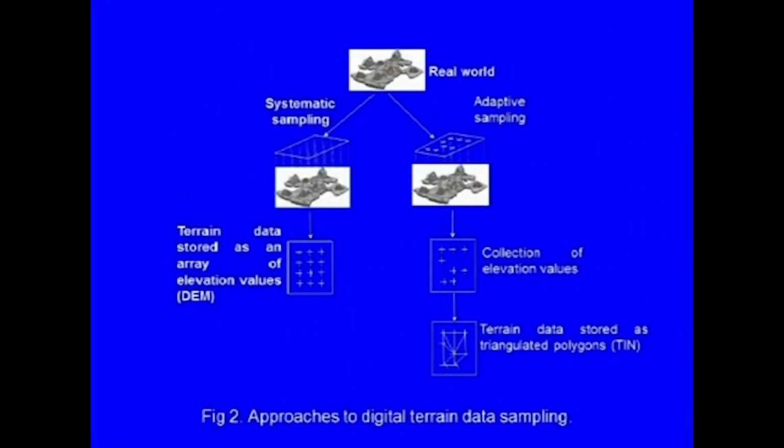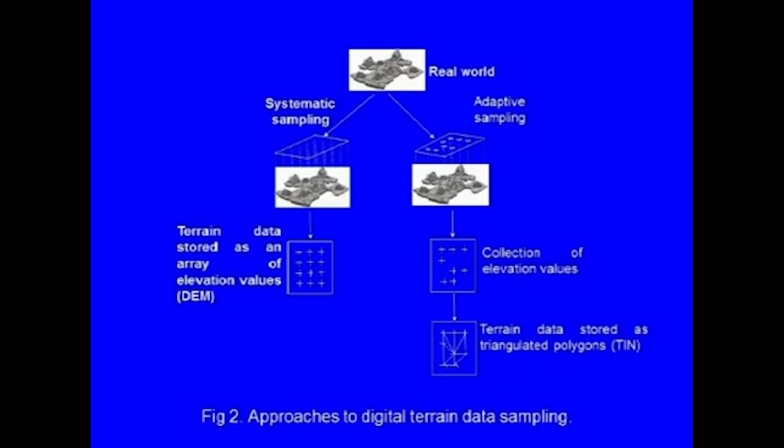Well, this particular slide shows the two schemes of data sampling. The real world can be subjected to systematic sampling, wherein the terrain data is stored as an array of elevation values, which we call a digital elevation model. Here the data would be collected in a regular and well defined manner as shown.